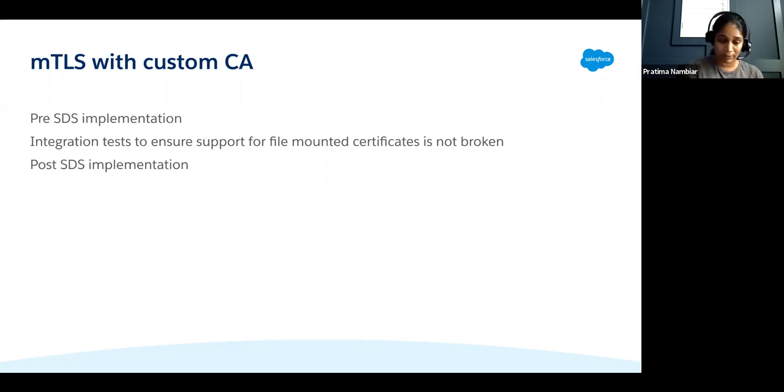So we were involved with the pre-SDS implementation. We added integration tests to ensure that this integration with our custom CA will not break. And then when we switched to the SDS implementation, we made changes there so that as it evolves, this feature continues to work. As you can see, it's one of the fundamental features that we would expect out of the mesh platform. So it's crucial for us.